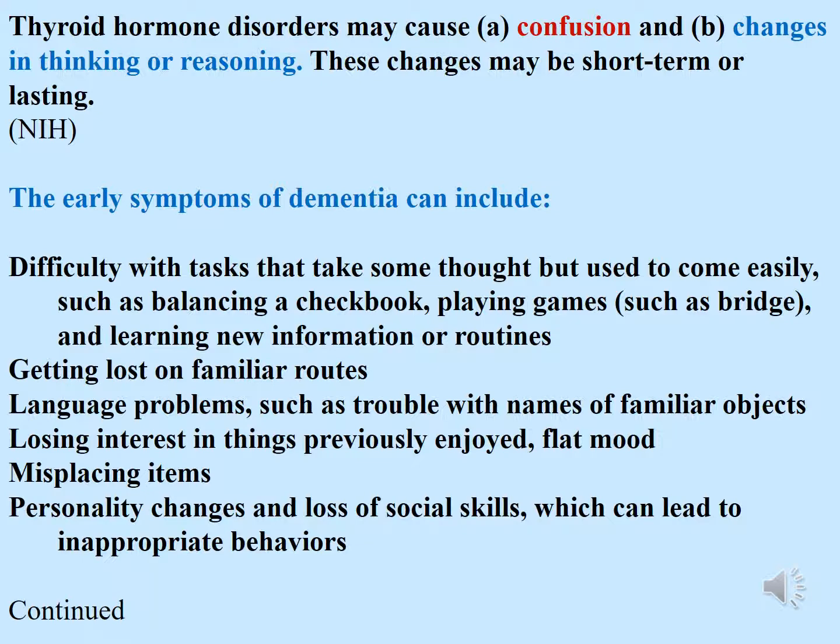The early symptoms of dementia can include difficulty with tasks that take some thought but used to come easily, such as balancing a checkbook, playing games, and learning new information or routines, getting lost on familiar routes, language problems, such as trouble with names of familiar objects, losing interest in things previously enjoyed, flat mood, misplacing objects, personality changes, and loss of social skills, which can lead to inappropriate behaviors.